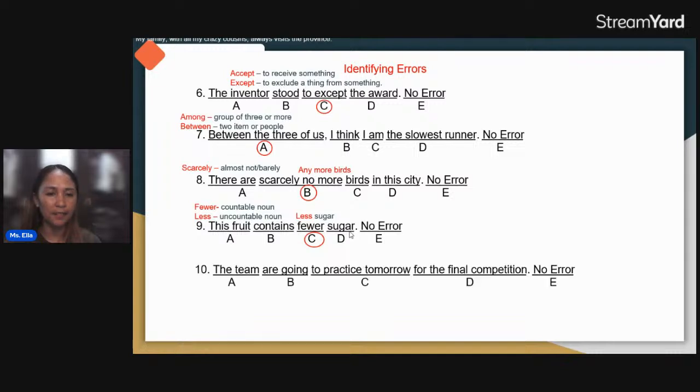Okay, next, number 10. The team are going to practice tomorrow for the final competition. Is there an error here?